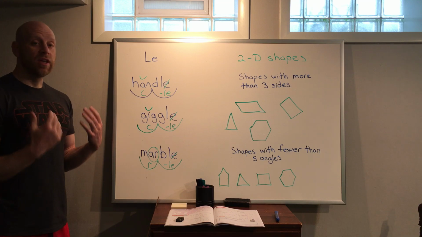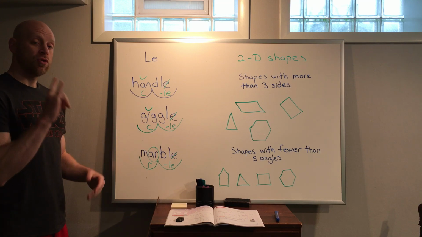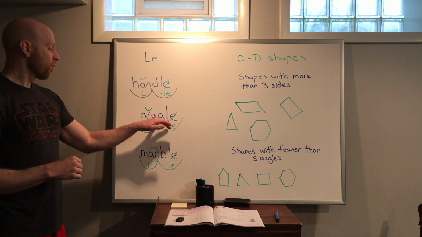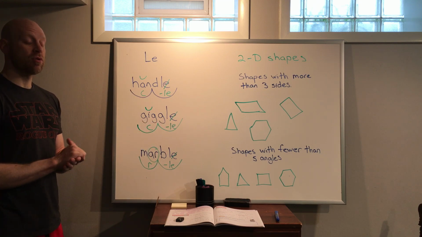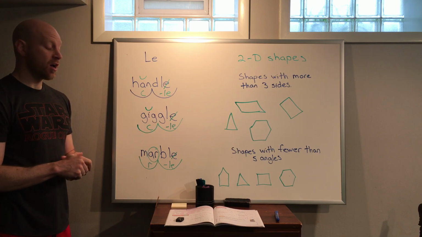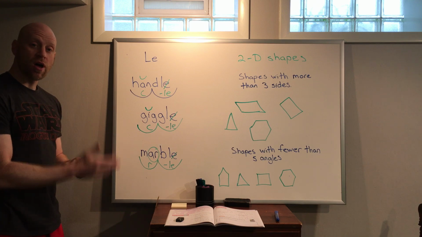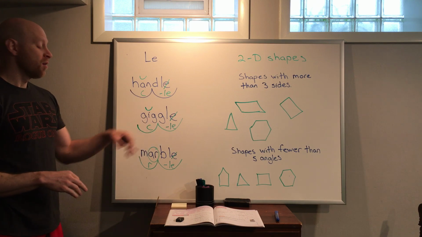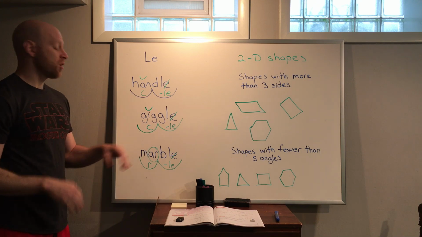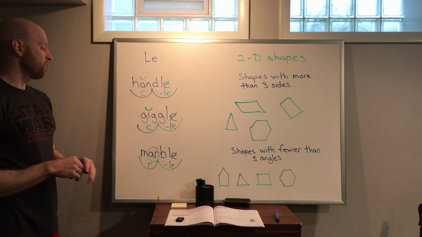The next one, giggle. Giggle, two syllables. We have two vowels. We're going to split it between that double consonant there. So that's a short I because that G blocks off the I, making it a breve above it and a closed syllable symbol underneath.